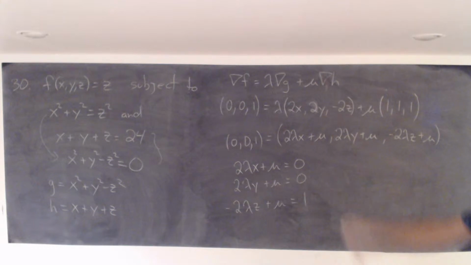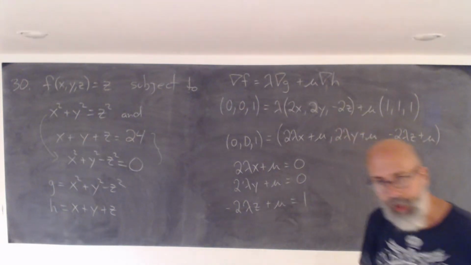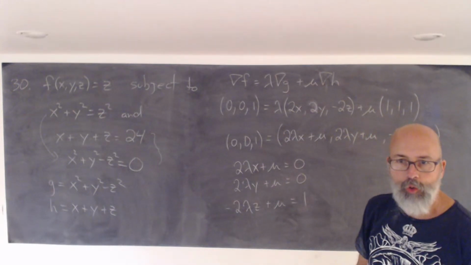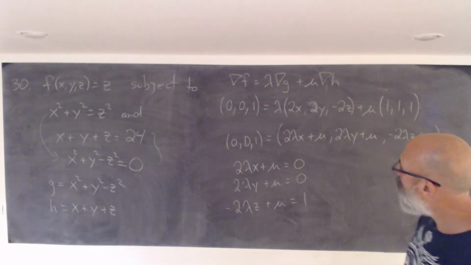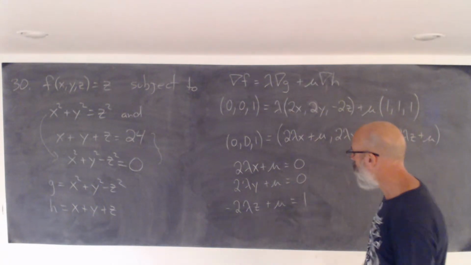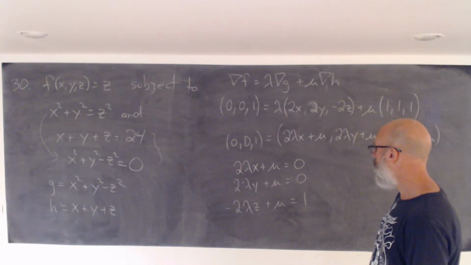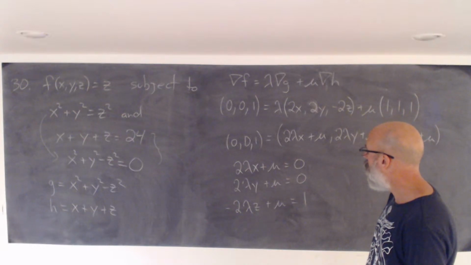So 5 equations, 5 unknowns. You can solve for x, y, z, mu, lambda. You don't actually have to solve for mu and lambda. All you're interested in are the points x, y, z. So sometimes it's possible to get around solving for mu and lambda, but whatever you want to do.